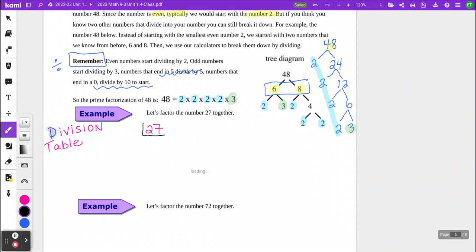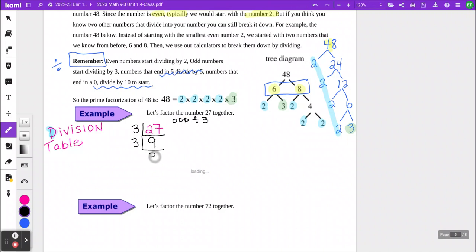Well, 27 is an odd number. So if it's an odd number, I'm going to start dividing by 3 because it doesn't end in a 5. So it does divide by 3. I get a 9. Now I've got to divide that 9. 9 will divide by 3. It's an odd number again.